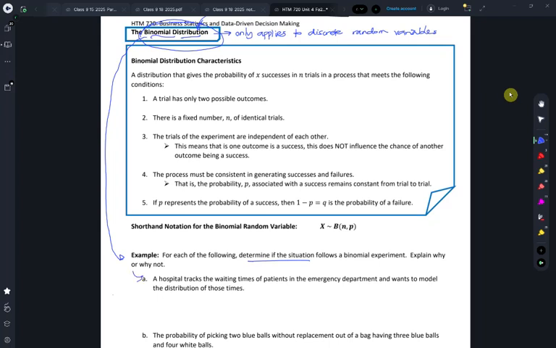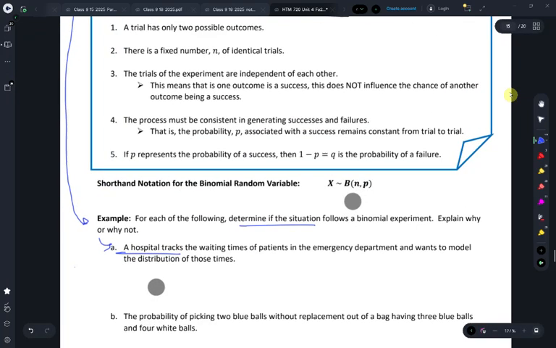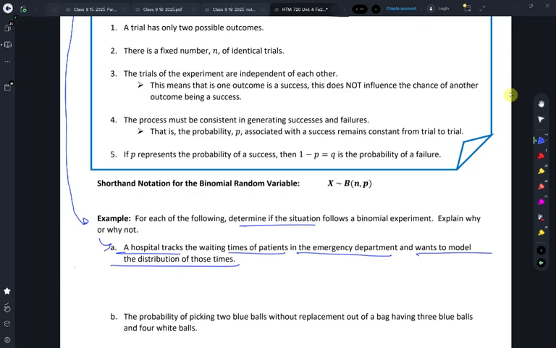Here's an example of a scenario. If a hospital tracks the waiting times of patients in the emergency department and wants to model the distribution of those times, can they use a binomial distribution? No. The reason is that the variable of interest, the waiting times of patients, is a measured quantity in the real world.